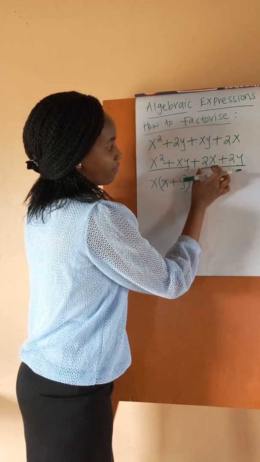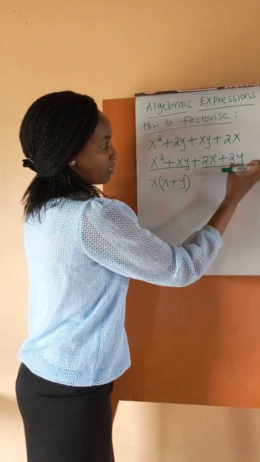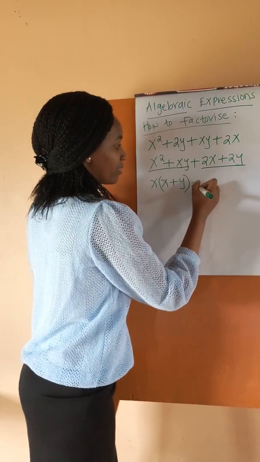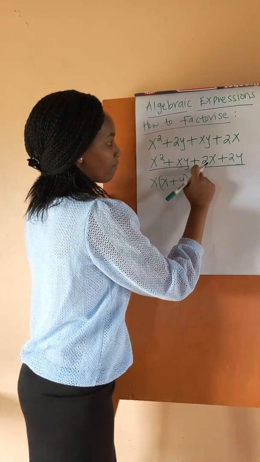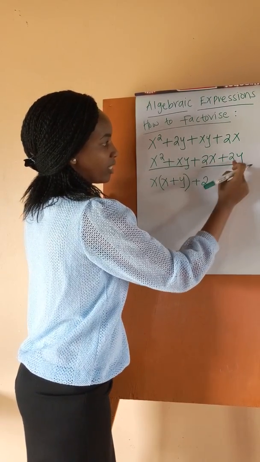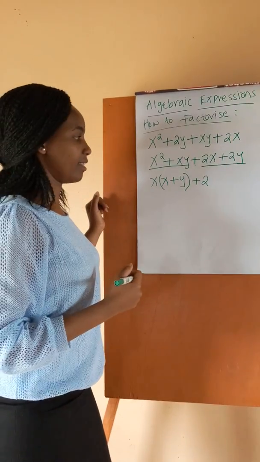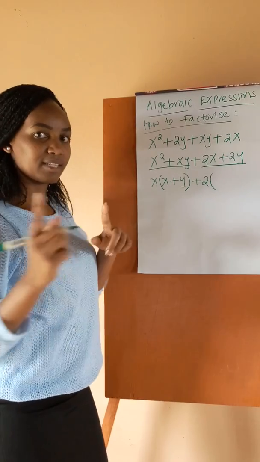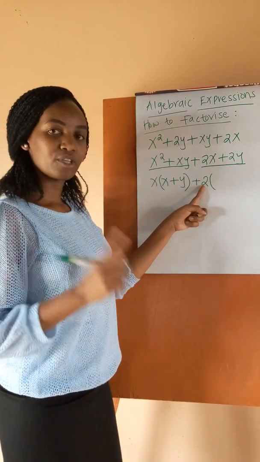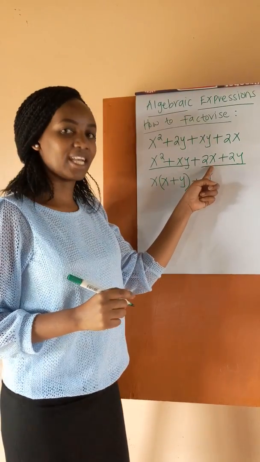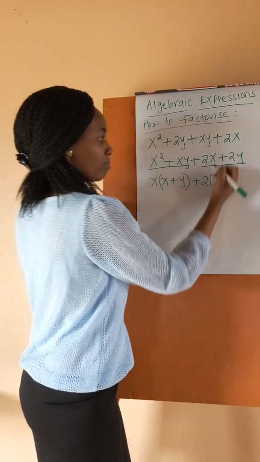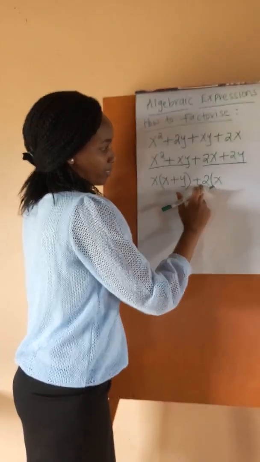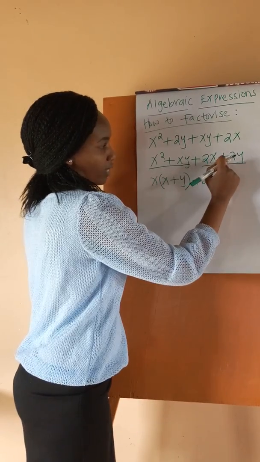Again, we have positive 2x, positive 2y. What is common here is positive 2, because you have a 2 and a 2 there. So we again open the bracket and we ask ourselves, what must be done to positive 2 to make it positive 2x? When you multiply with an x, you will have x times positive 2, which is positive 2x.